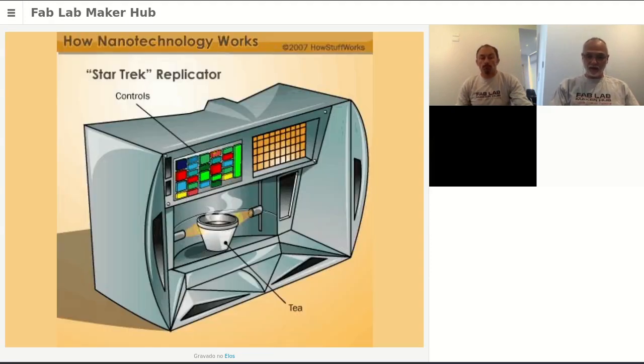He has a multi-million-pound facility there, and what he's trying to do is build a Star Trek replicator. Basically, he's looking at how we can turn digital information, i.e. bits, into atoms, physical things.